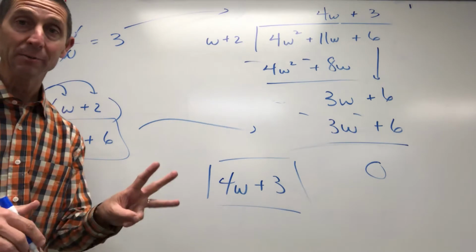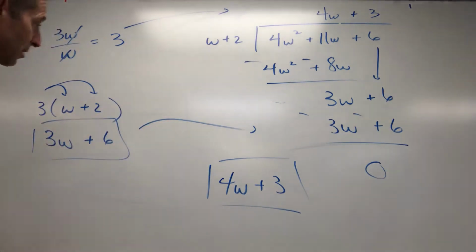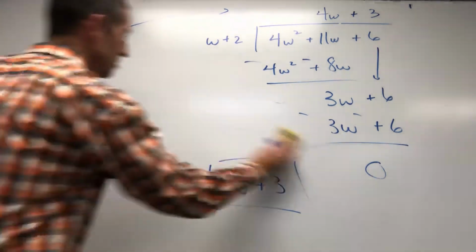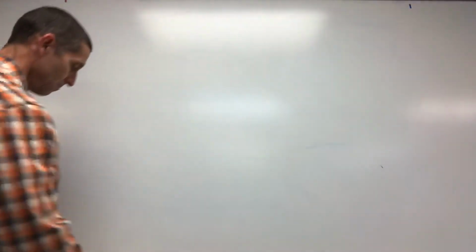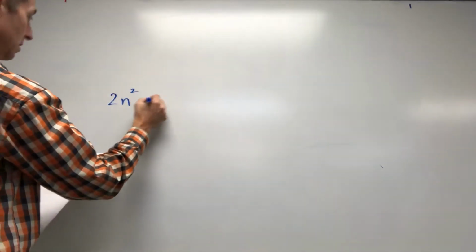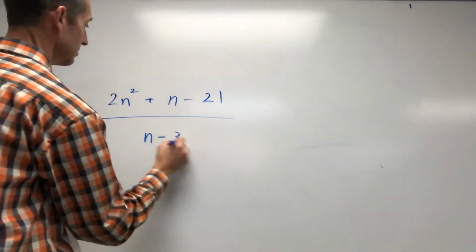All right, I'm going to try 3 of these on this video. That's the first one. Let's make another run. All right, second one. Here we go. So 2n squared plus n minus 21, all this over n minus 3.